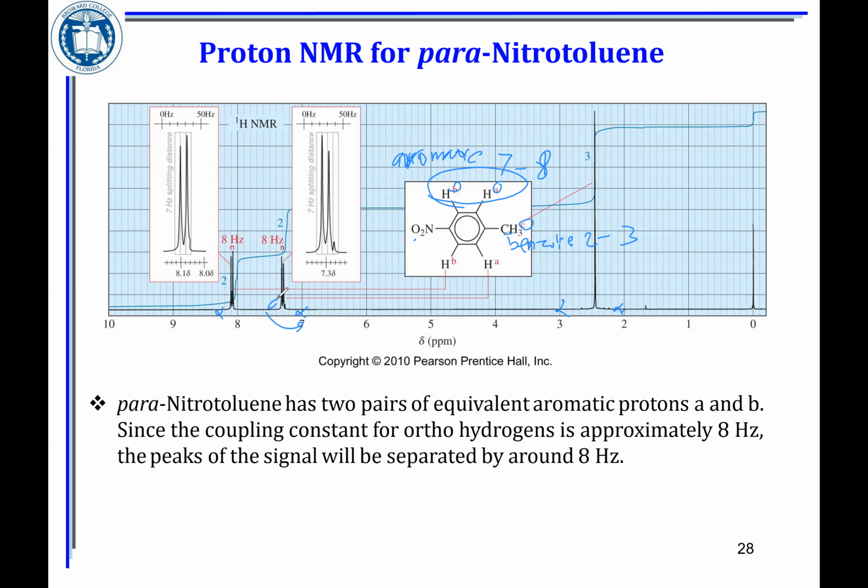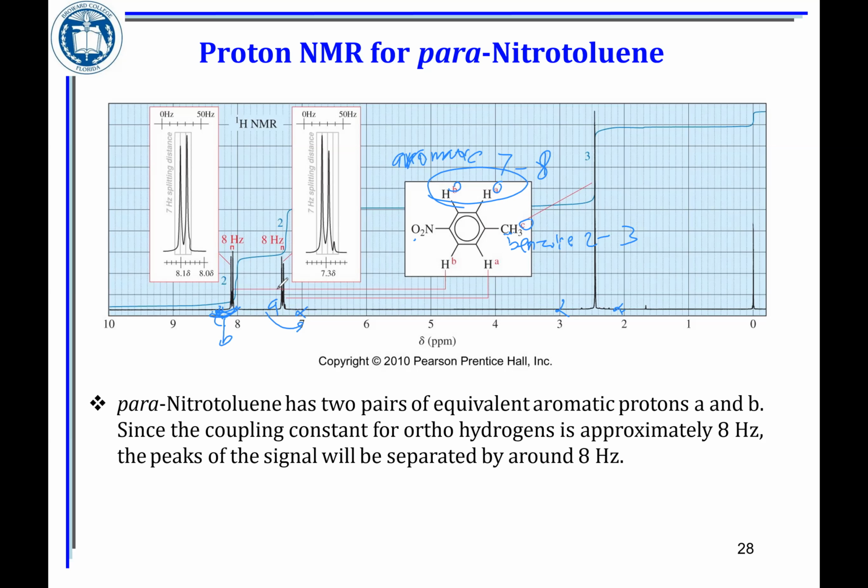And hydrogen B would appear closer to 8. So hydrogen B is going to appear at a higher number. So that's the location. It's going to be between 7 and 8, but the one attached to the electron withdrawing group would be closer to 8, and the one attached to the electron donor group would be closer to 7. Conjugation lowers the frequency. An electron withdrawing group would increase the frequency.